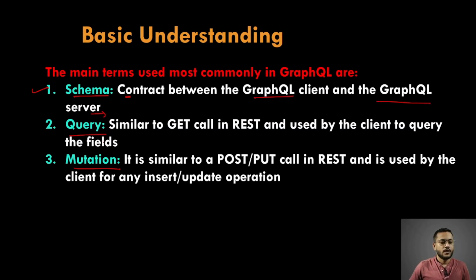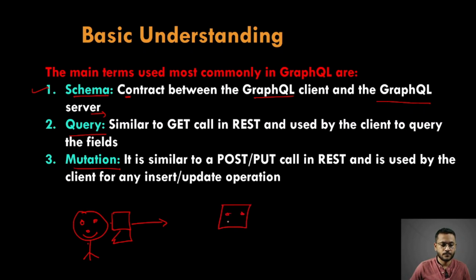As in REST you have a controller. Suppose this person is your client, he has a computer, and from there he makes a request to your server program. Inside a server program, you definitely have something marked as a REST controller.